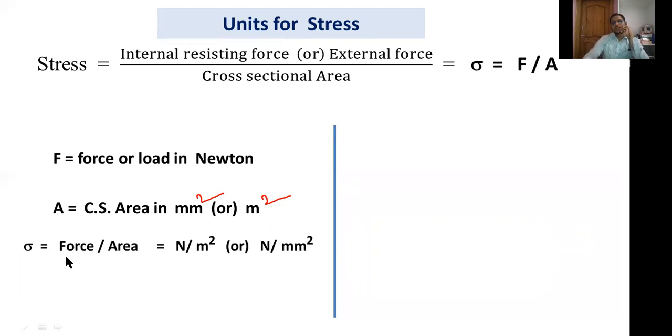Now sigma equals load by area. With the load in Newton and area in meter square, the unit for sigma is Newton per meter square. Or if the area is in mm square, then the unit for stress is Newton per mm square.